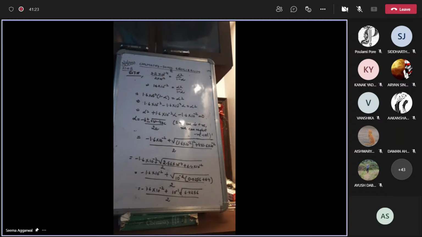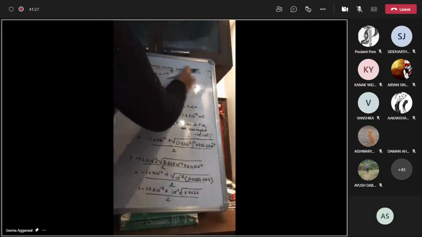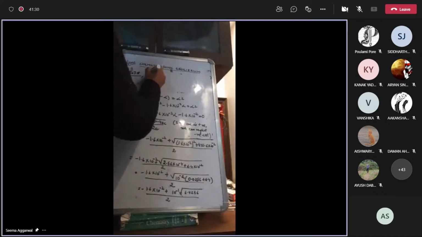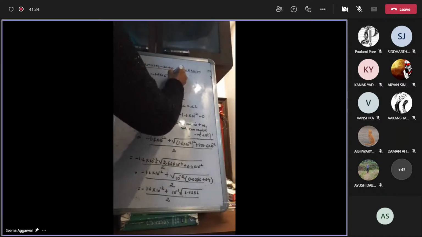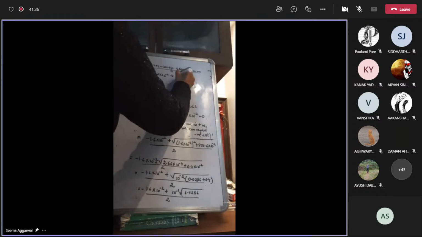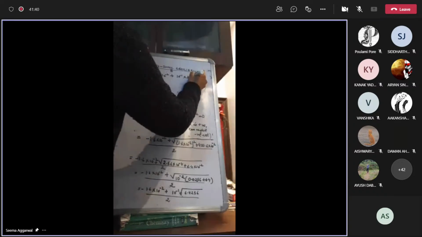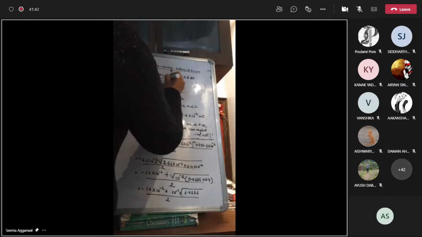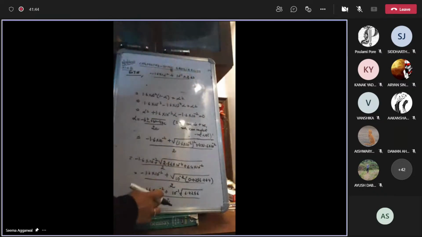It will be 2.53. Okay. So it will be minus 1.6 into 10 raised to power minus 2 plus 10 to the power minus 1 into 2.535, upon 2.